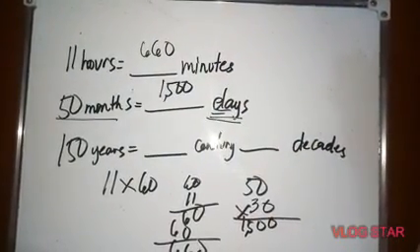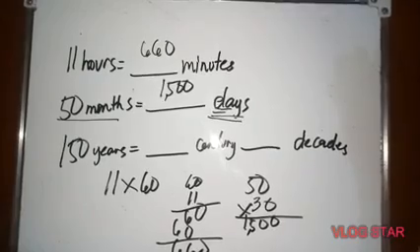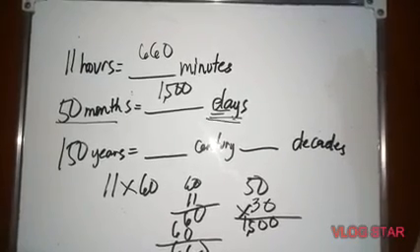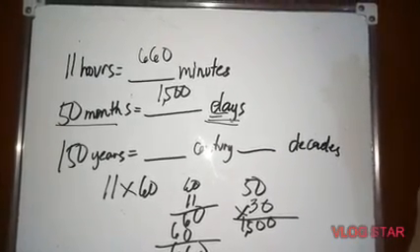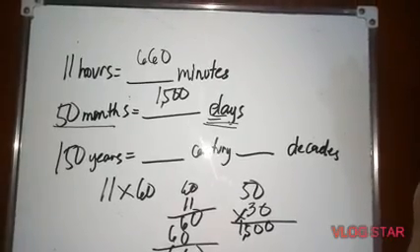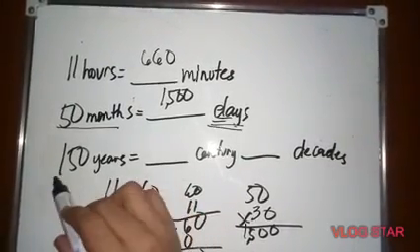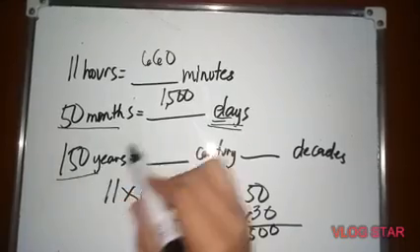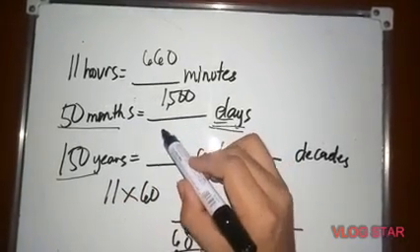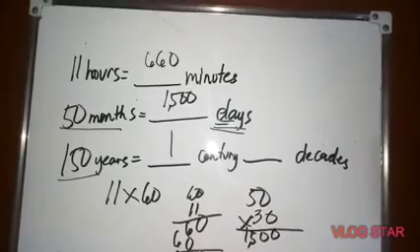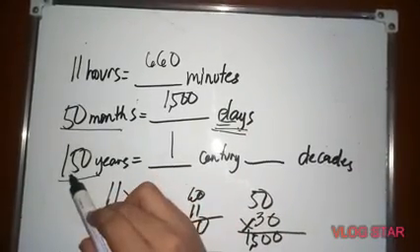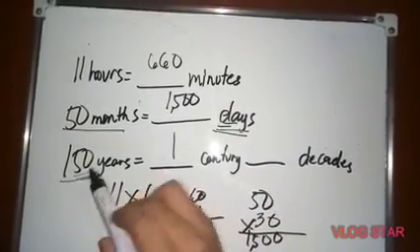Next is 150 years, century to decade. So a century is equal to 100 years. Since we have 150, then 1 century, then we still have 50 years.